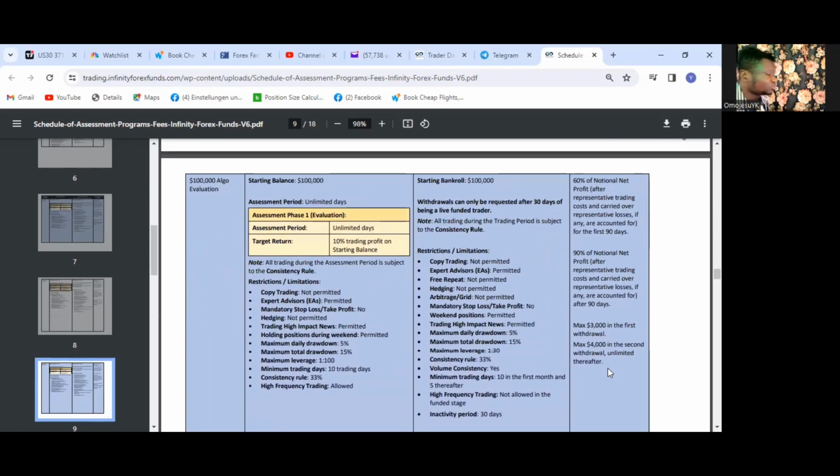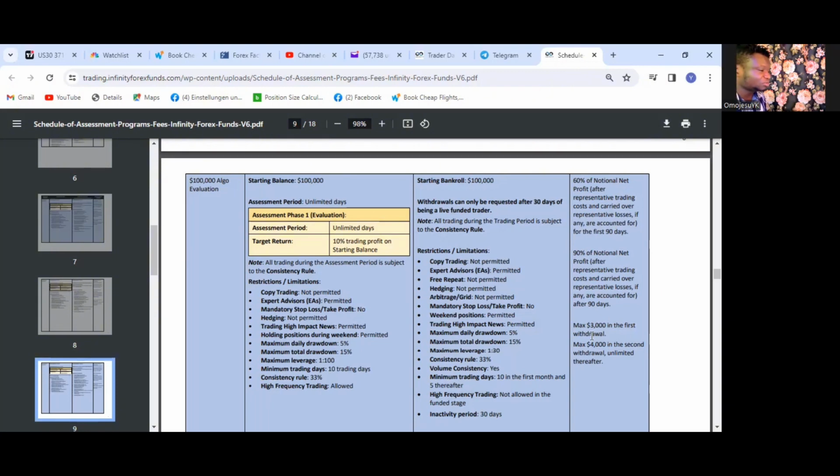Personally, I love this rule because they are trying to guide you guys. It definitely means they are giving us real money, not like other proprietary firms that just use their own broker, and when they see that you make profit, they manipulate everything and you do not get your payout.